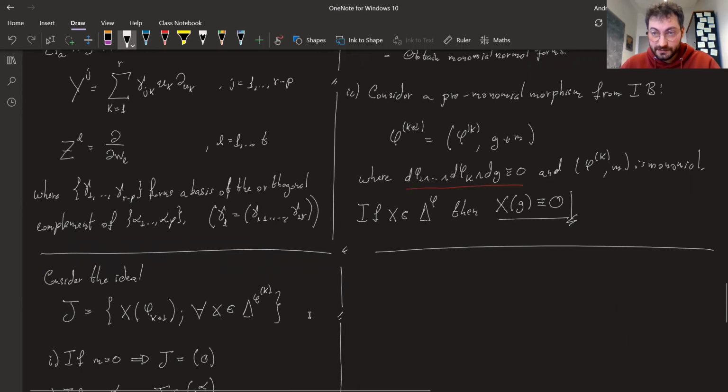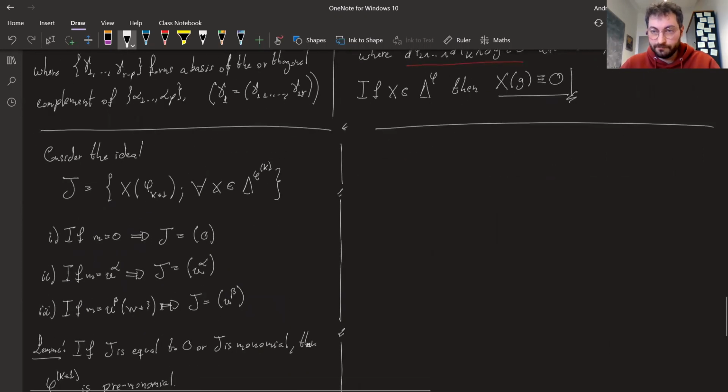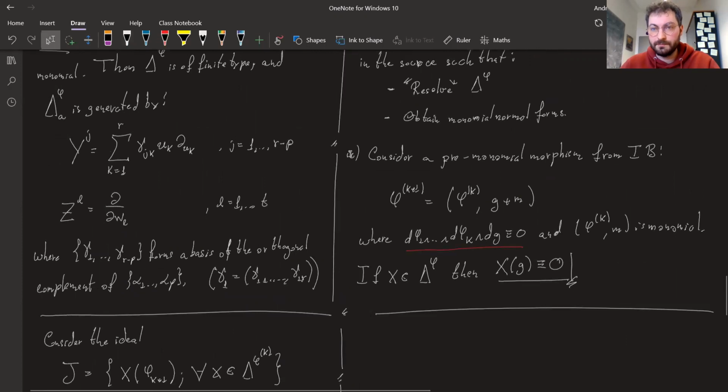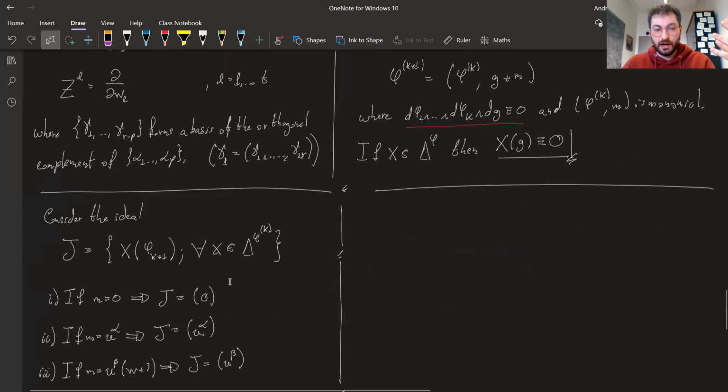If this ideal has a good property, if this ideal is monomial, we know that we have finished step 1b. We know that we are in pre-monomial form. So now, instead of working with the morphism itself, we're transforming the problem into working with an ideal, the ideal coming from the derivations of this phi, the sheaf of derivations of phi k here.